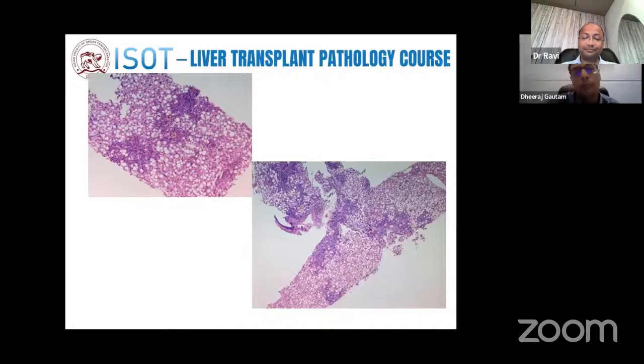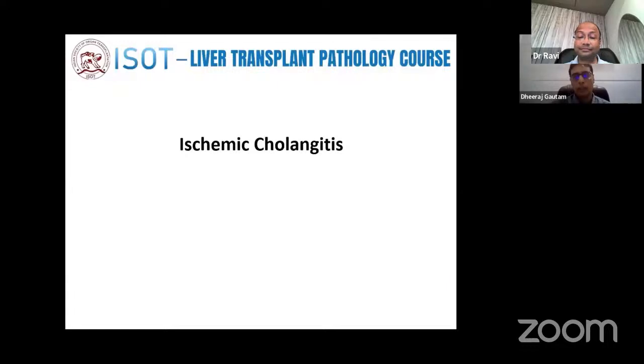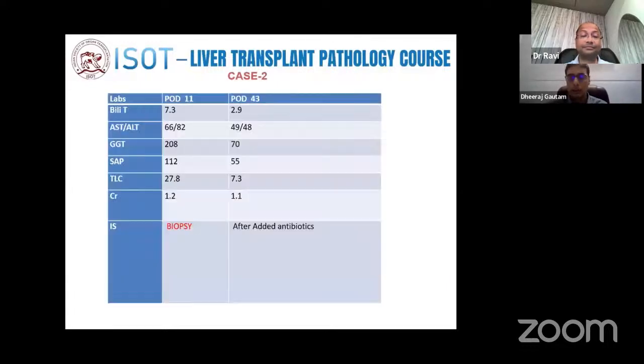Zone 3 and zone 2 both are replaced by microvesicular steatosis. This photograph shows zone 1, the portal tract and everything, which is slightly preserved, but again there's a dilatation, cholestasis, bile plugs there, and these are the photographs. So it was a case of ischemic cholangitis.